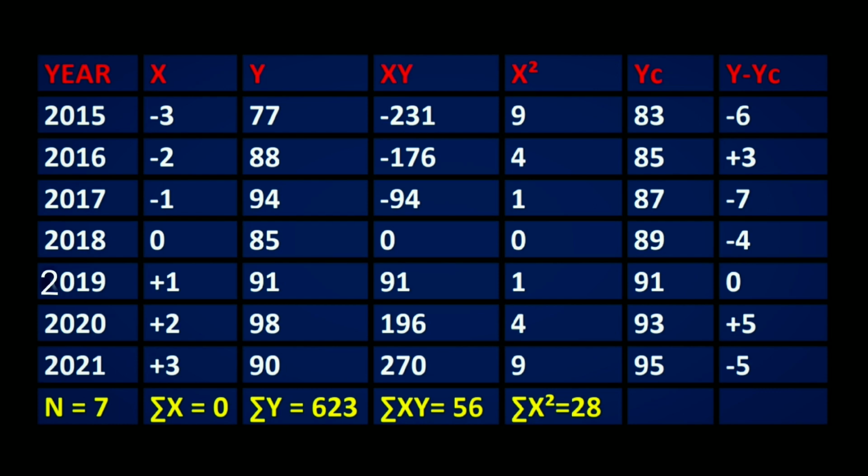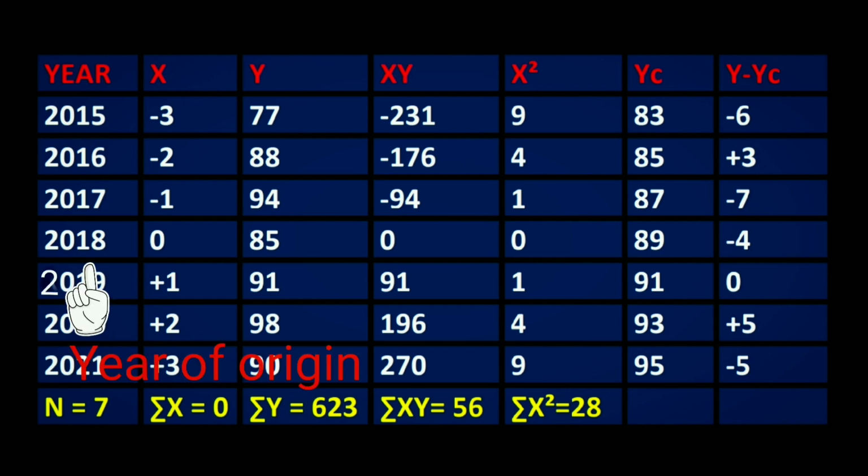First of all, we have written the years from 2015 up to 2021. Then we have written the x. If you notice the x column, 2018 has been marked as 0. That means for the year 2018, the x value is 0. Why is it so? Because just a while ago I mentioned that 2018 we are going to take as the year of origin.